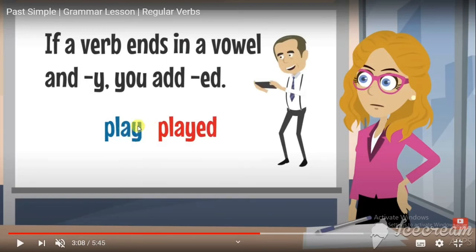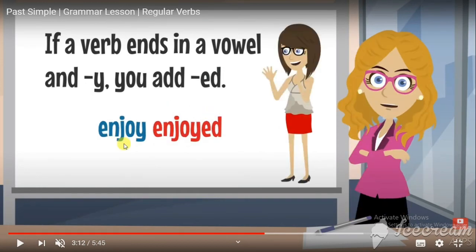We only add ed. Like also the verb enjoy. Enjoy ends with Y, before it a vowel. O is a vowel. So we don't do anything. We only add ed. Enjoy, enjoyed.